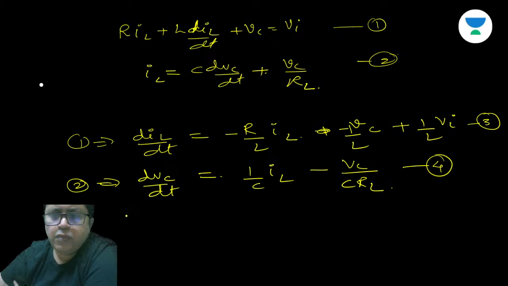Okay, so I can put this in form of IL, Vc and Vi. What is Vi? Input. IL, inductor current.